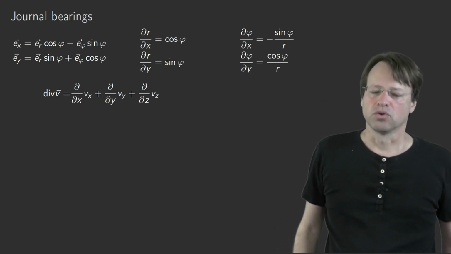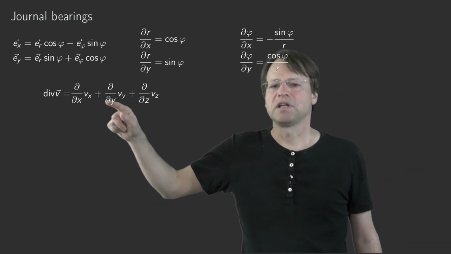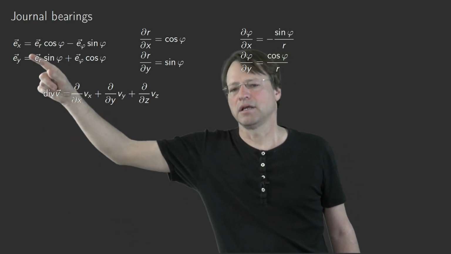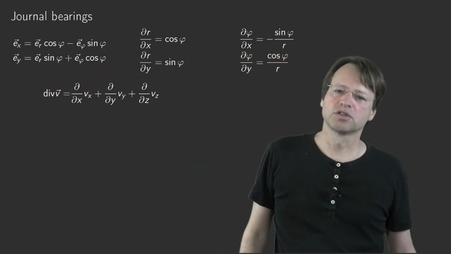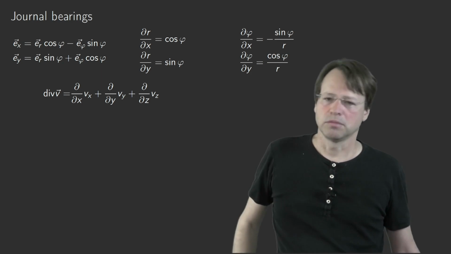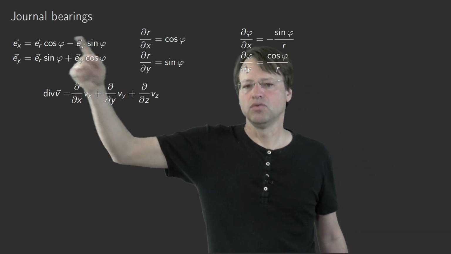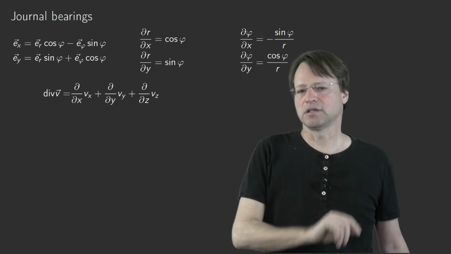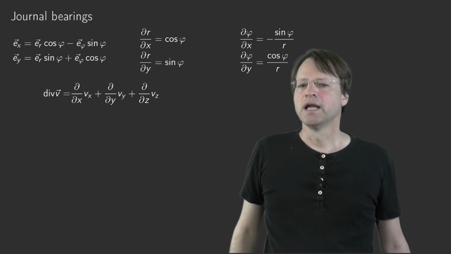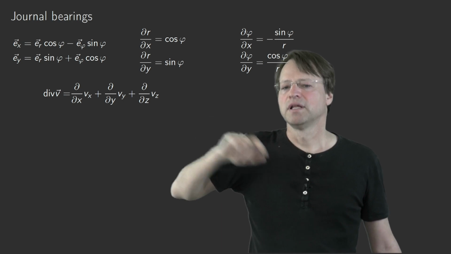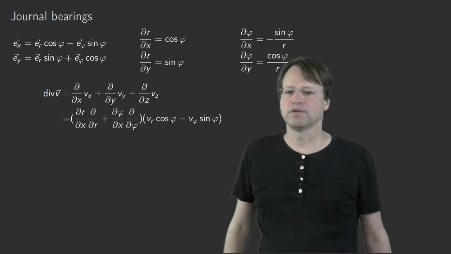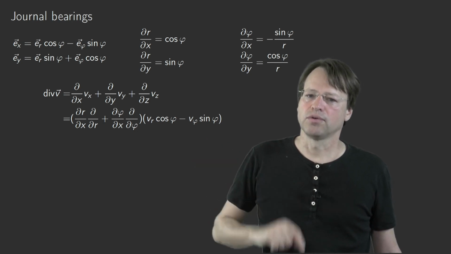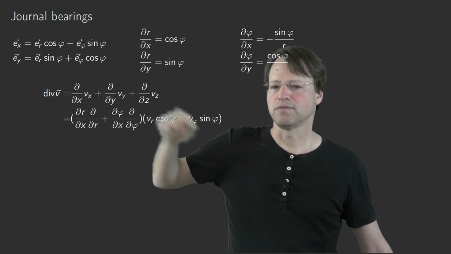So two tasks: replace v sub x, v sub y, and v sub z by taking into account these projections, or introduce the new coordinates of the velocity vector, namely in radial and circumferential direction, and transform these differential operators, these derivatives. Here this is shown for the first term in the divergence.